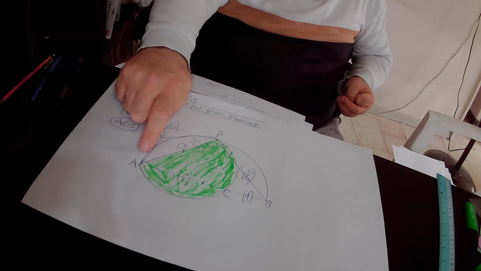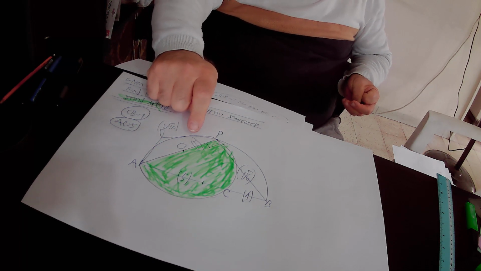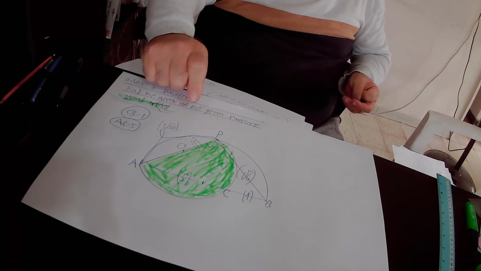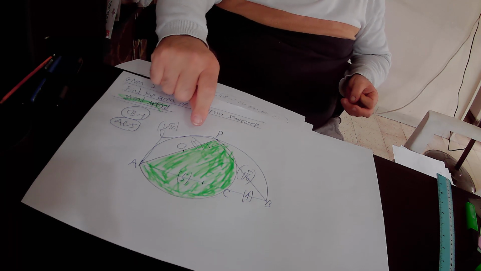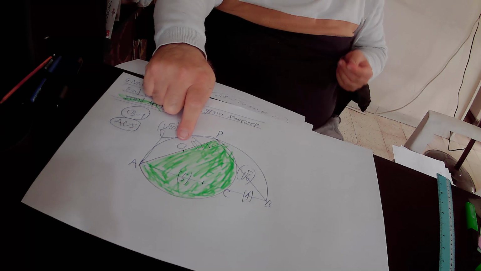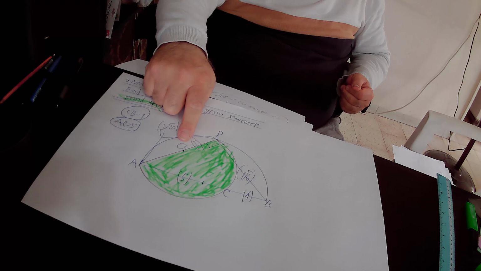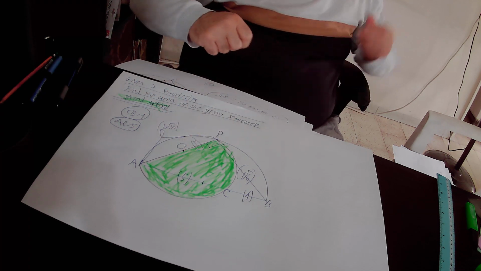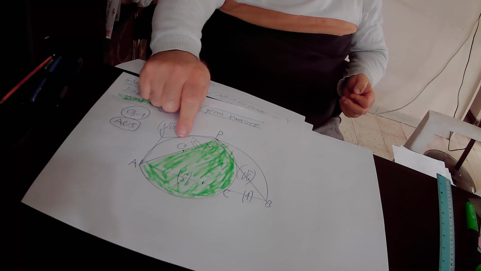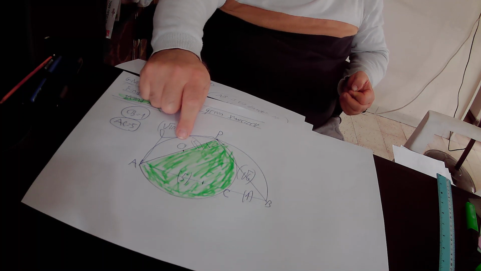PA is the diameter, and the center of any circle or semicircle must be located on the diameter. So here we found out this is point O, that is the center of this green semicircle.